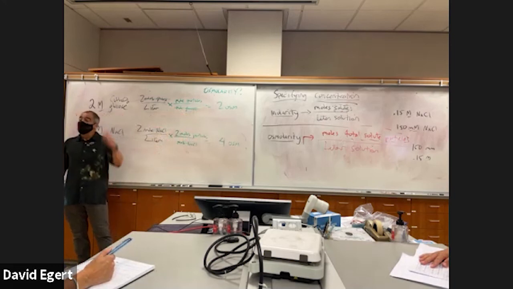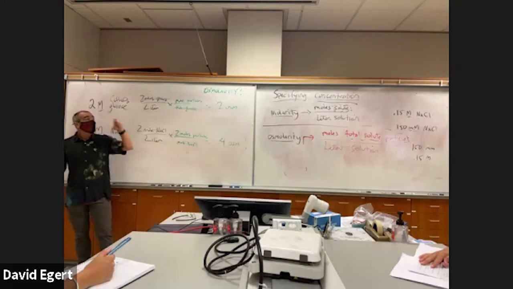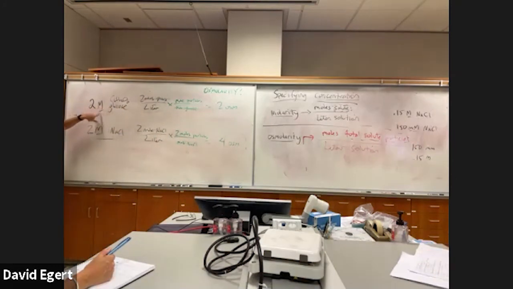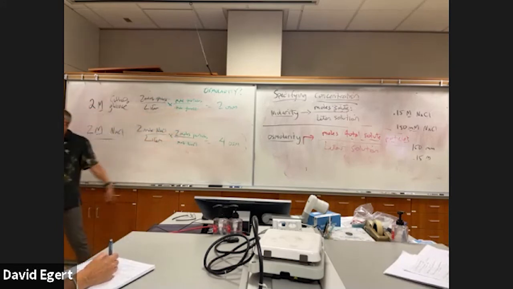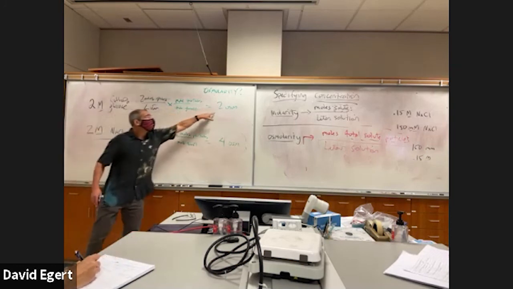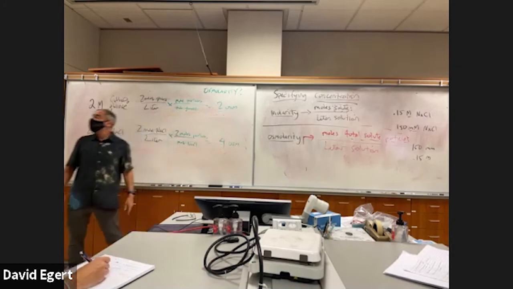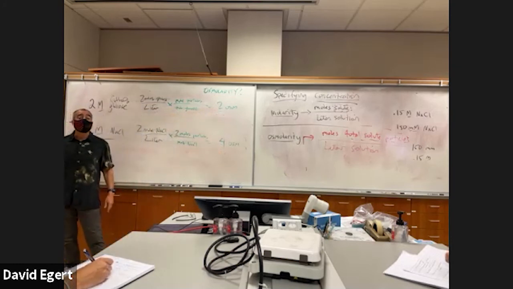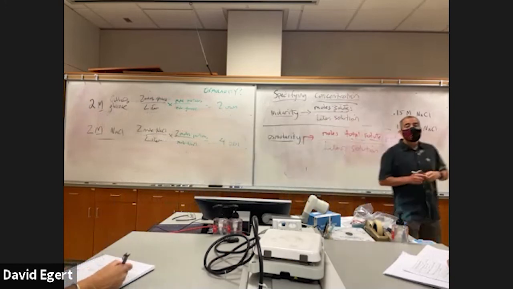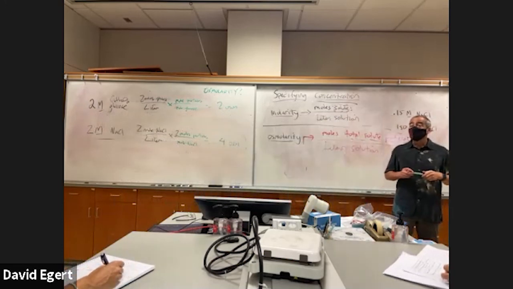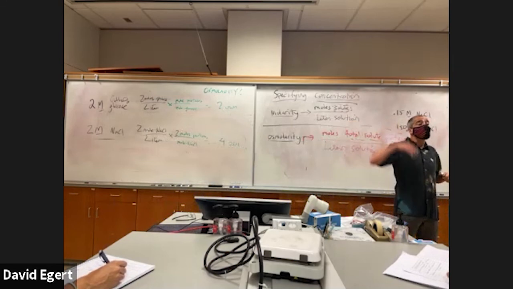When you're trying to figure out the osmolarity of some particular solution, it depends both on the molarity of the original solute and on whether that solute dissociates and increases the osmolarity. So osmolarity is important, and we'll be doing this a bunch.